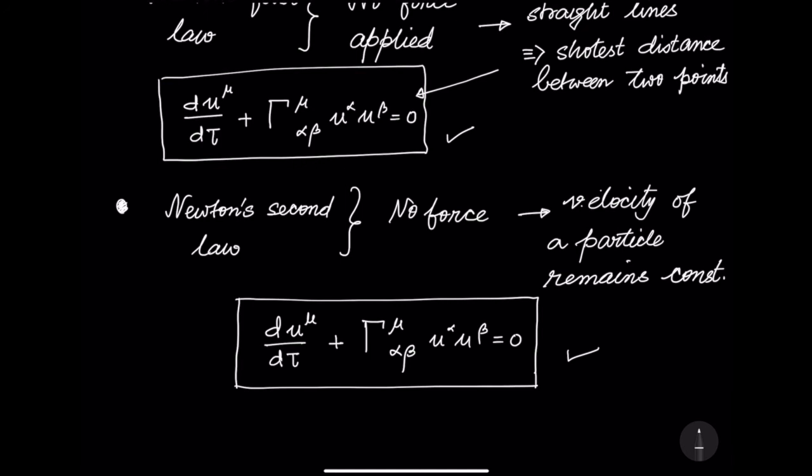So that's the connection: the variational principle, which extremizes the distance between two points, gives you the same geodesic as you get as the curve along which the directional covariant derivative of the 4 vector doesn't change.